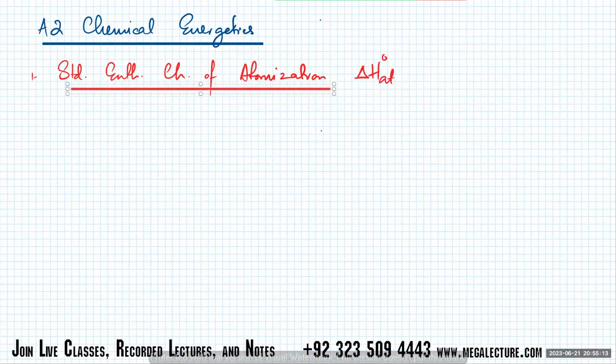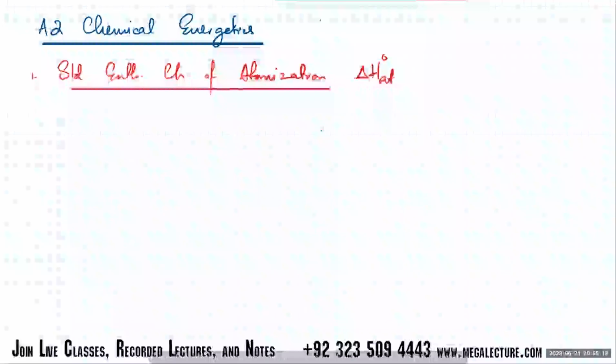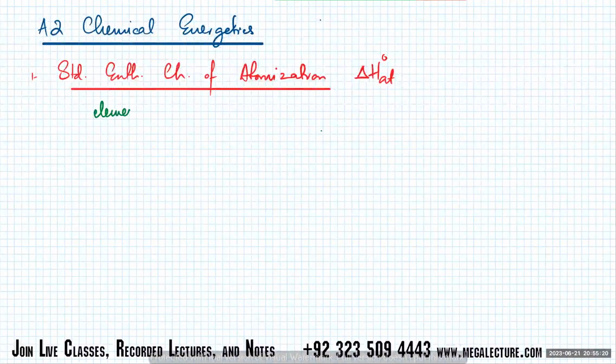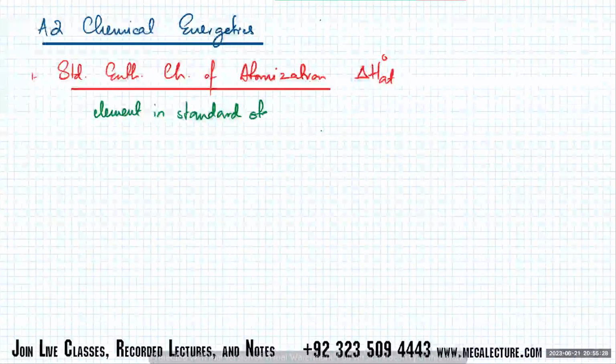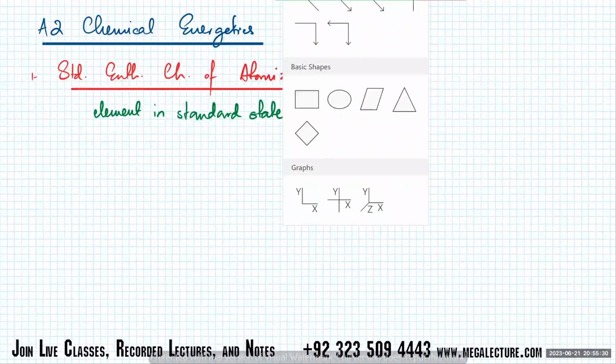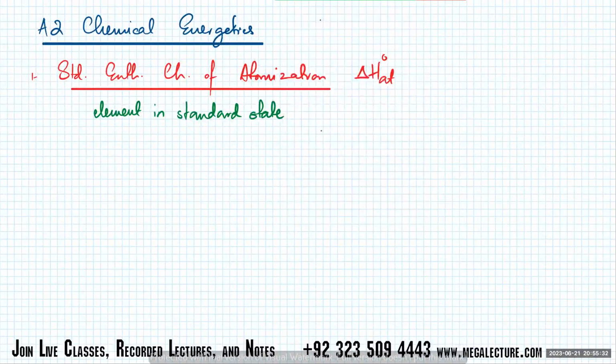The definition is that you have an element in standard state, which is the state at room conditions, 25 degrees centigrade and 1 atmosphere pressure. Using that standard state, you take that element and you create 1 mole of gaseous atoms.